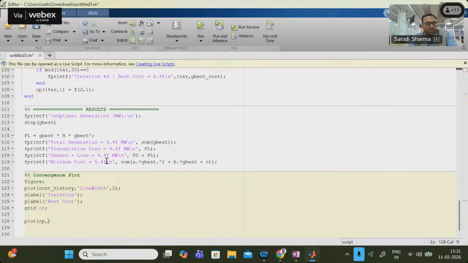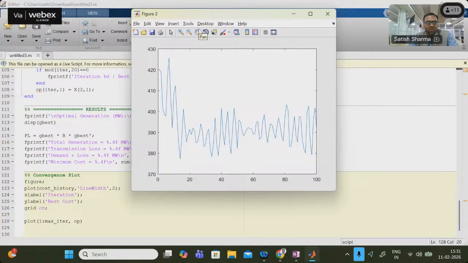This should be on the x-axis. And yes, so initially you can see that the initial value was roughly around 420, and our optimal solution is 393.